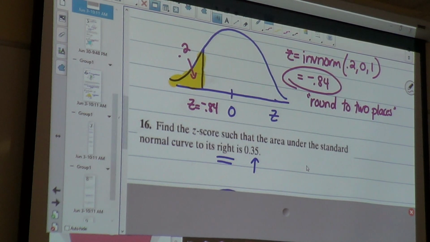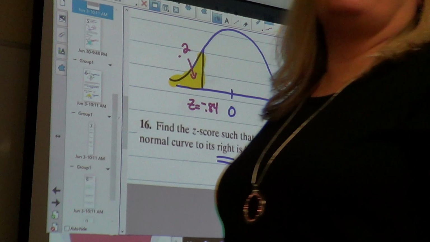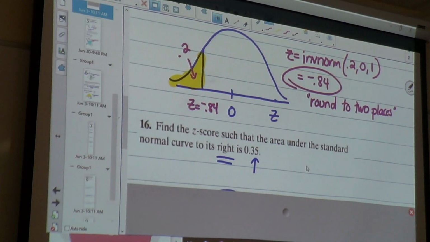That's gonna be the area to the left. You with me? Gary, huh? Yeah. Yep. Yeah. How's it going, James? That's perfect.